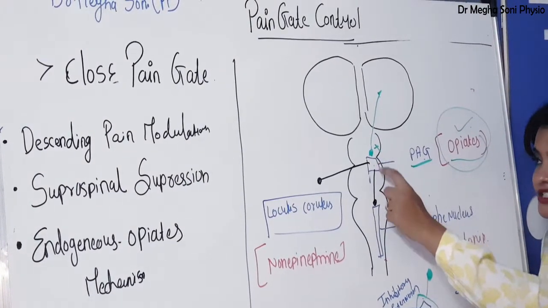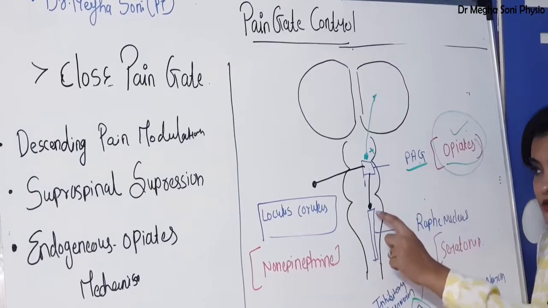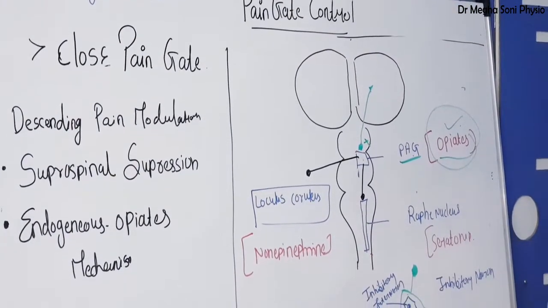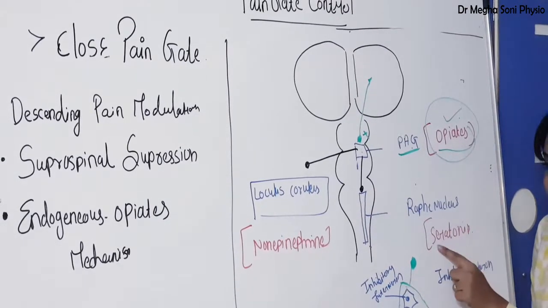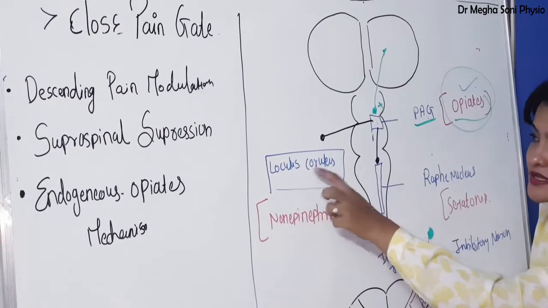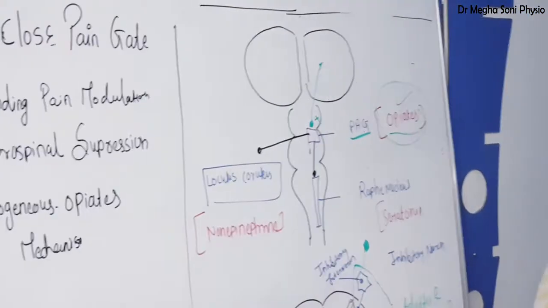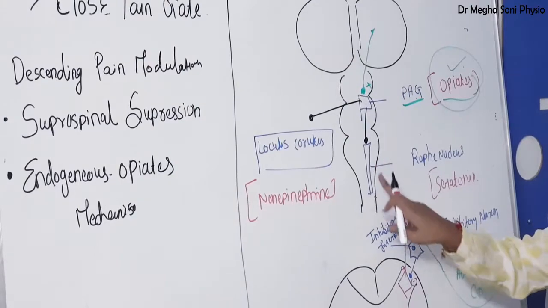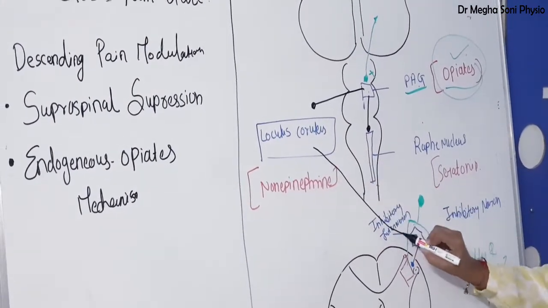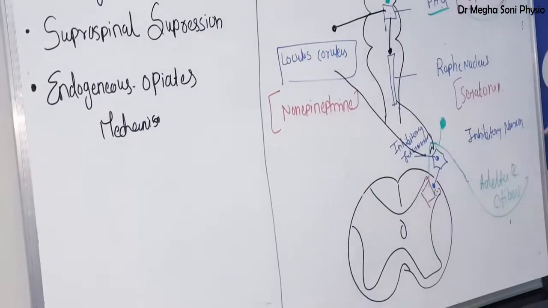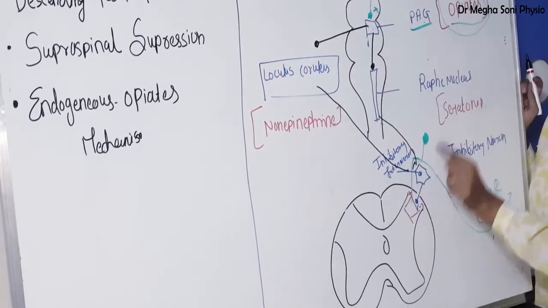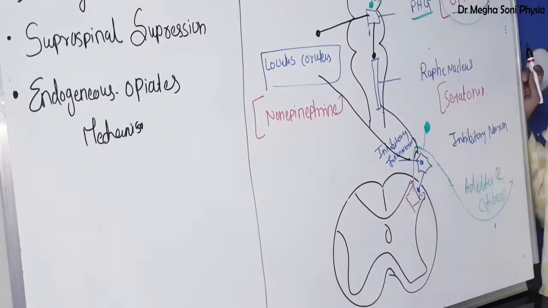Now this raphe nucleus consists of serotonin, which also gives analgesic effect, and locus coeruleus secretes norepinephrine. From raphe nucleus and locus coeruleus, the fibers are projected to dorsal root ganglion.